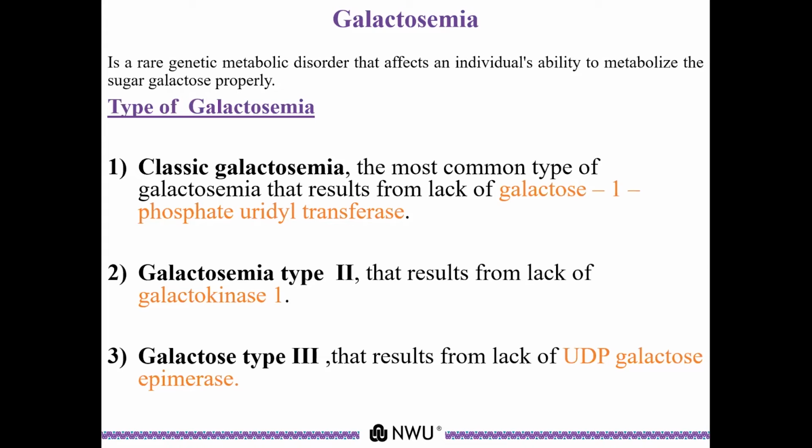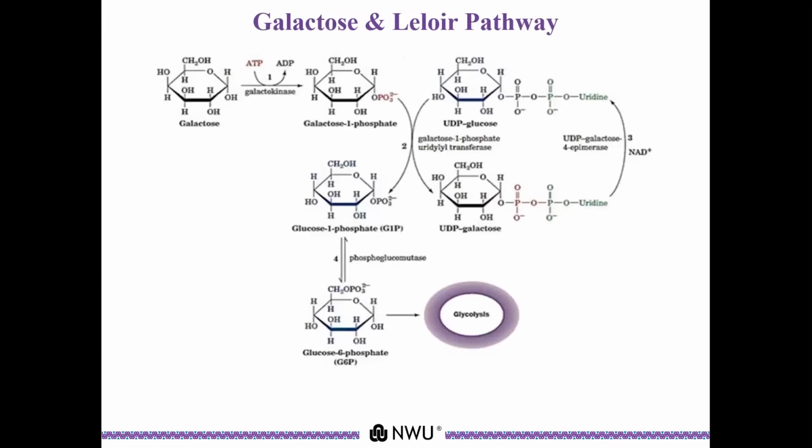Moving forward, I looked into galactosemia, a rare genetic metabolic disorder that occurs when individuals are not able to metabolize galactose properly. There are three types of galactosemia: classic galactosemia, galactokinase deficiency (type 2), and type 3. These are caused by fluctuations in enzymes from the Leloir pathway, the general galactose metabolic route.